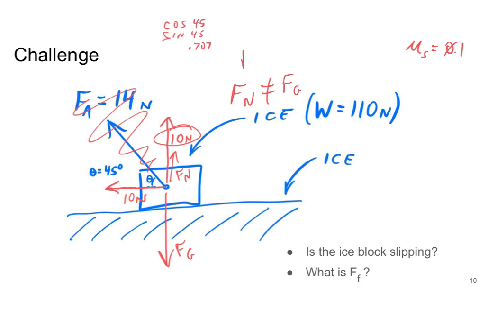So F sub n is F sub g minus 10. And that means it's 100 newtons. So convince yourself that that's correct. It's much like the example of me pushing down on a book earlier in the presentation from class, where if you change the applied force on something, that will affect the normal force.